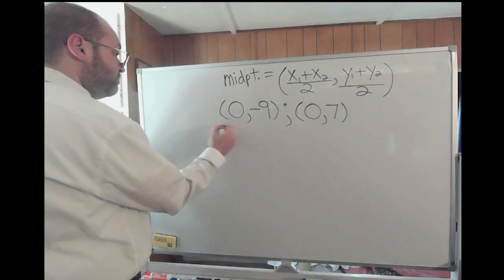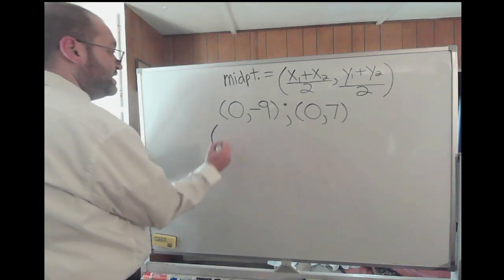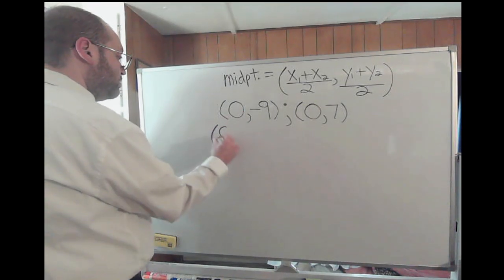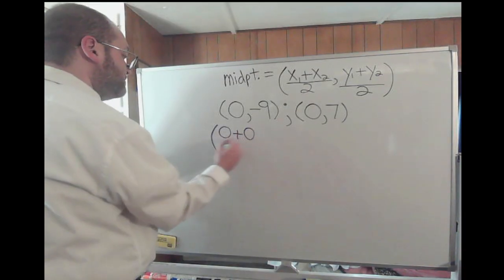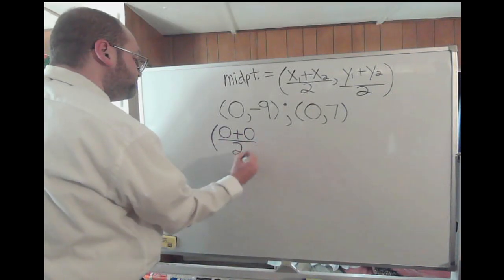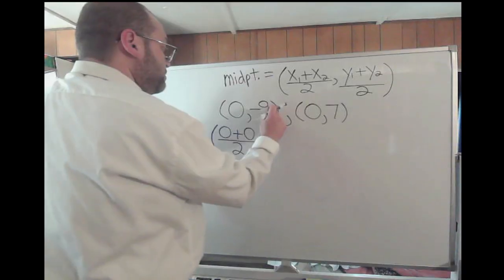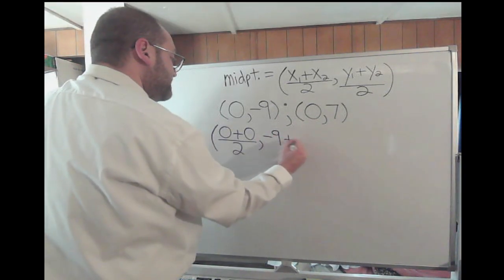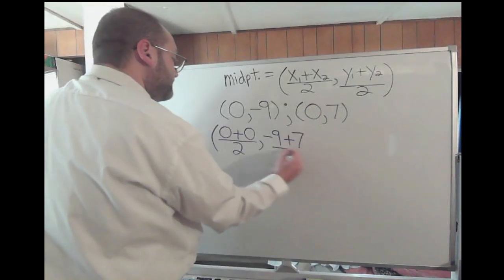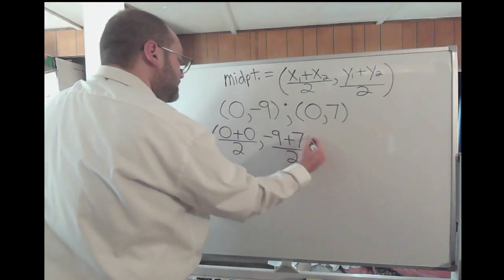So once again, what that's going to entail is you'll take your first x coordinate of 0 plus your second x coordinate of 0, and divide that by 2. Then you'll take your first y coordinate of -9 plus your second y coordinate of 7, and divide that by 2.